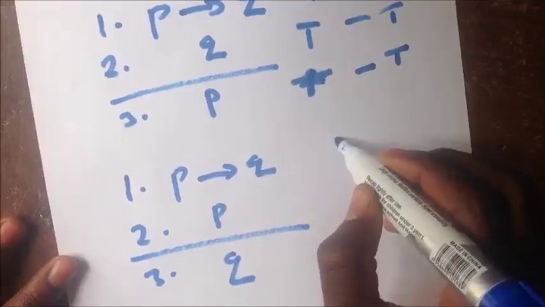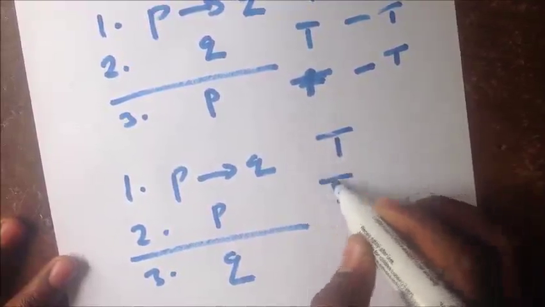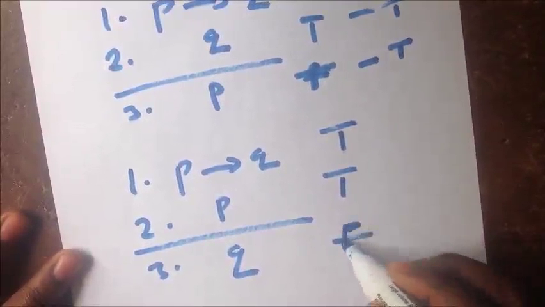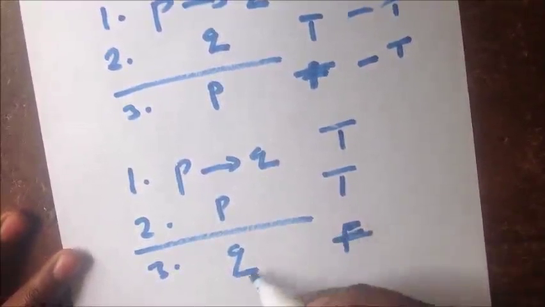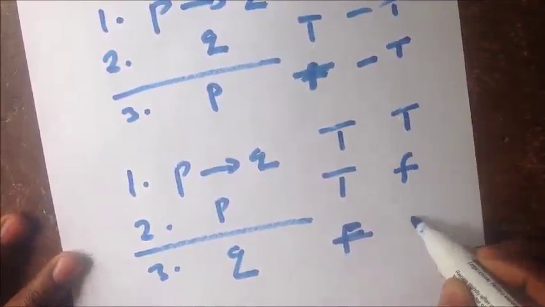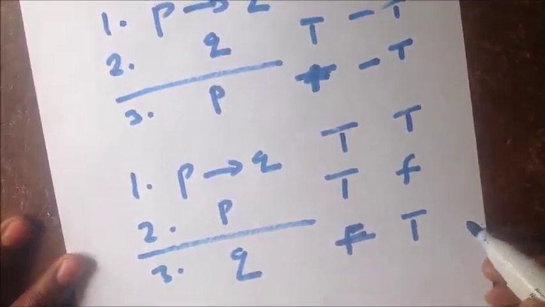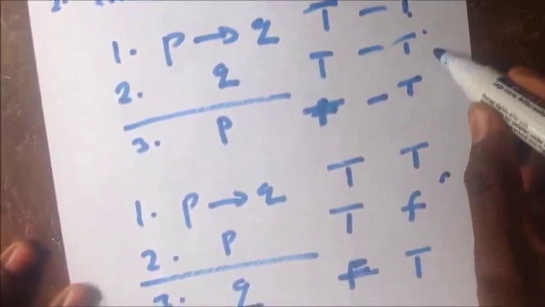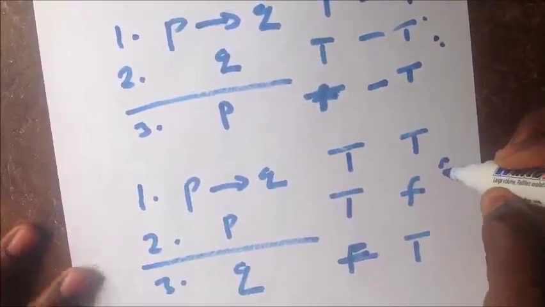Let's say here we have true, here we have true, here we have false. So you see, this is an invalid argument, because this conclusion is false. Or we can have true, false, true. So these are the two types of argument that we have: valid argument and invalid argument form.